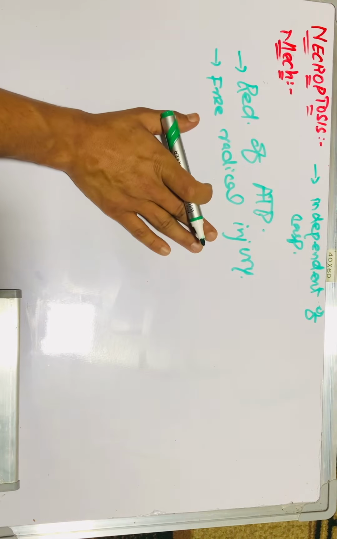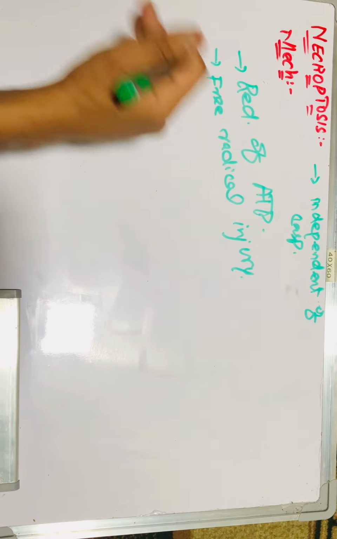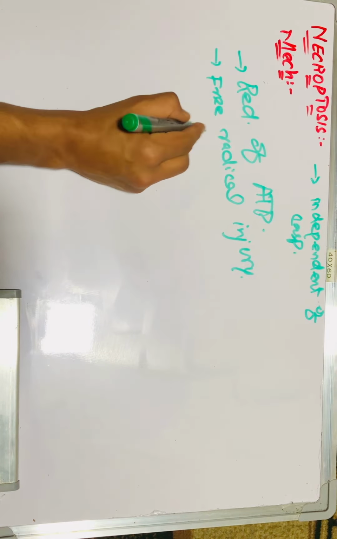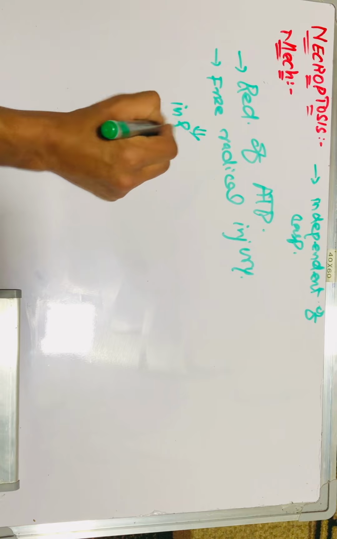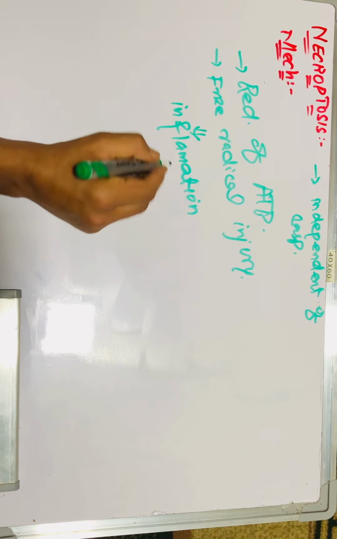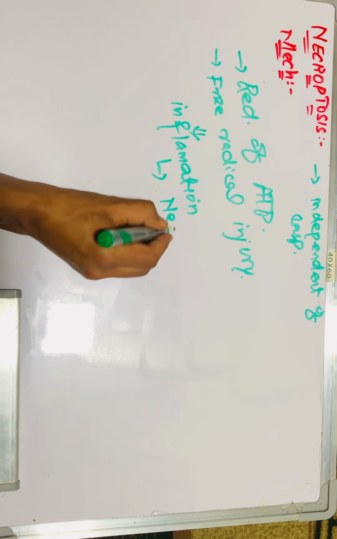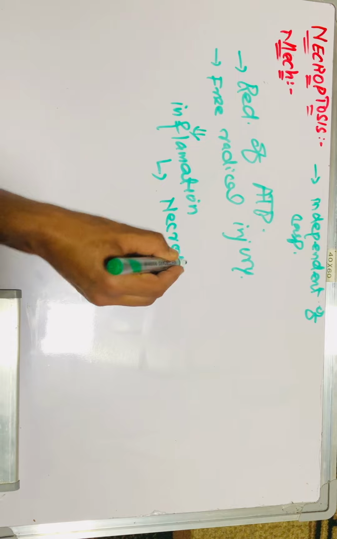Because of all these factors, the damage to the plasma membrane, the reduction of ATP synthesis, the free radical injury, inflammation will occur. And we know that inflammation only occurs in necrosis.